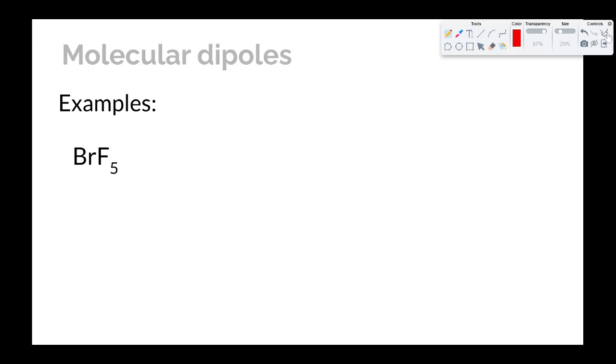Here's another one, BrF5. This is 6 halogens basically, so that's 42 electrons, 6 times 7. Put the bromine in the center. Put 5 fluorines on the outside.